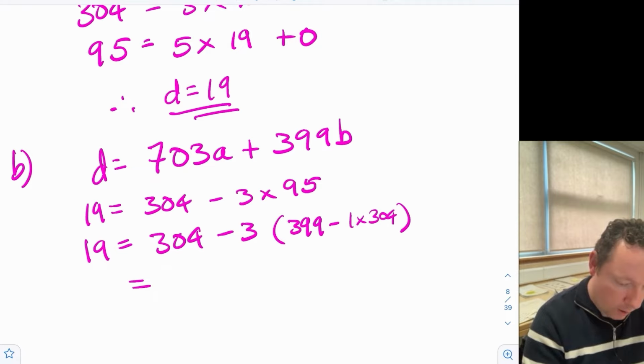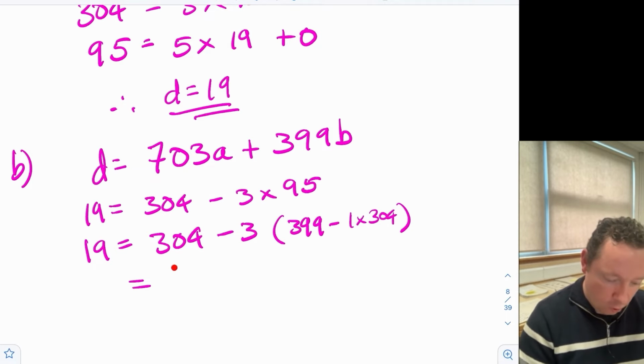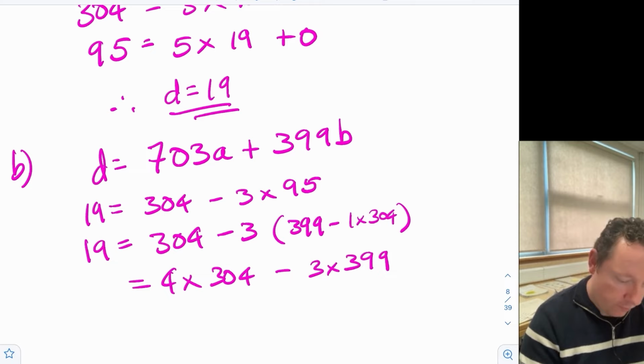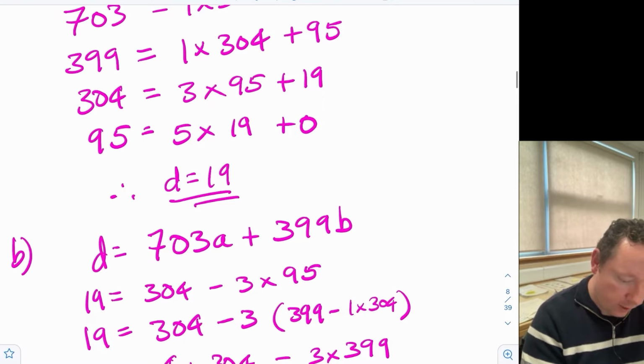And that equals, well, we've got 304 plus 3 304s. So that's 4 times 304 minus 3 times 399. And then moving on to our next line, well, 304 is 399 minus 95.